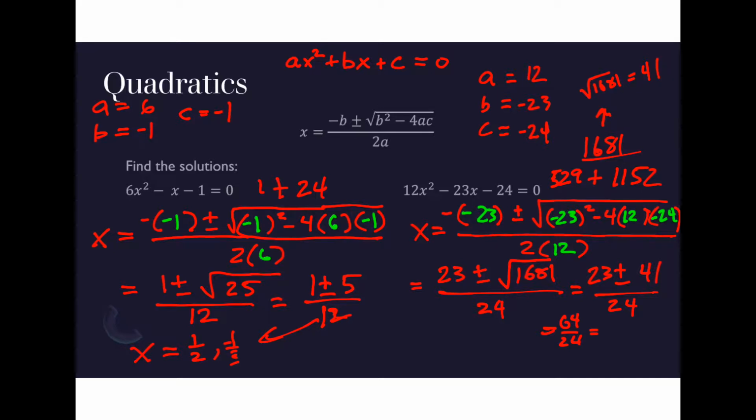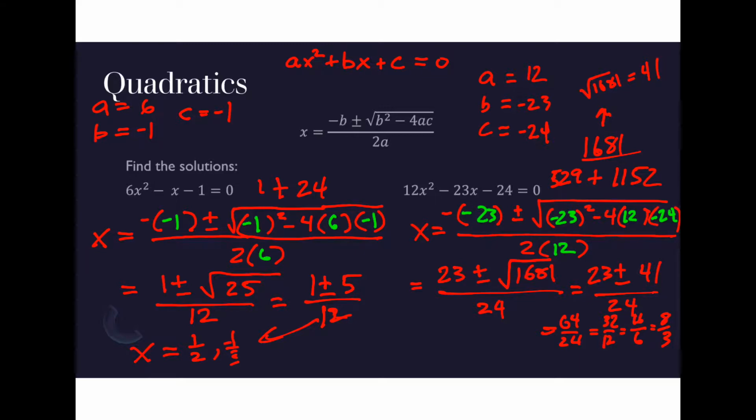Well, that would be 32 over 12, which you can keep going there. It would be 16 over 6, so half and half. I'll do that one more time. 8/3. So 8/3 is one of my results.